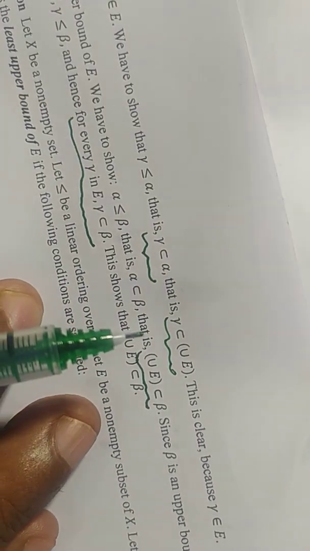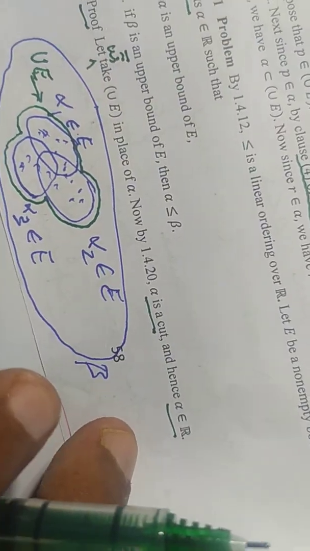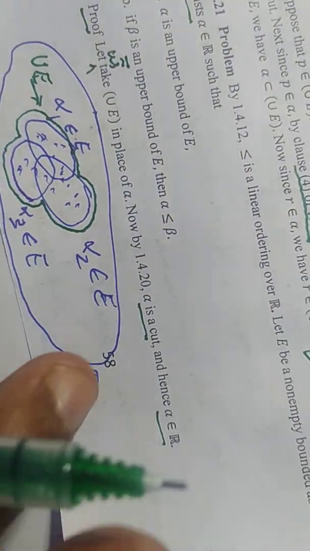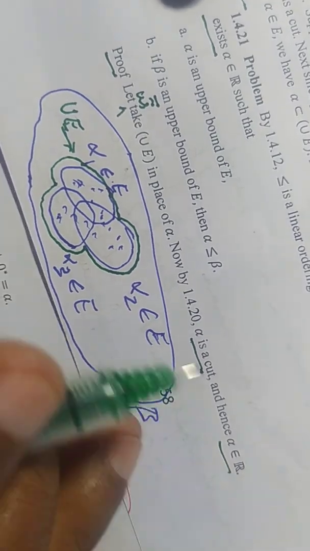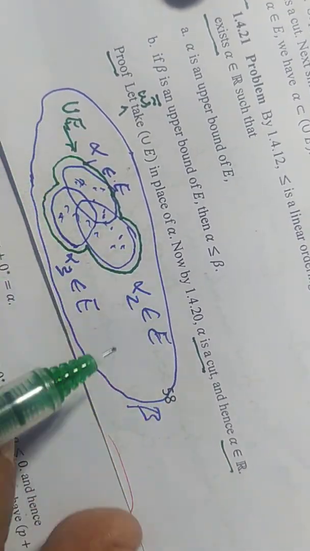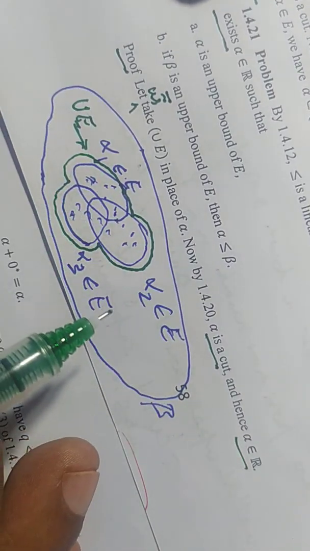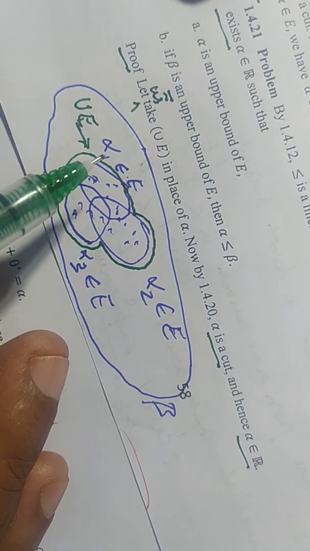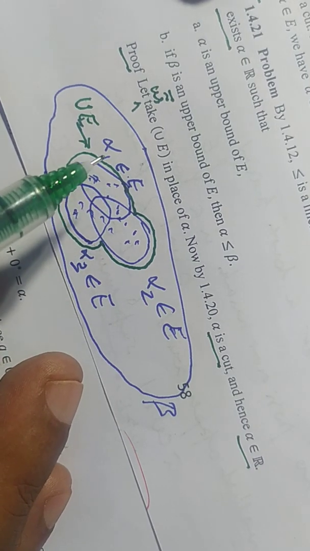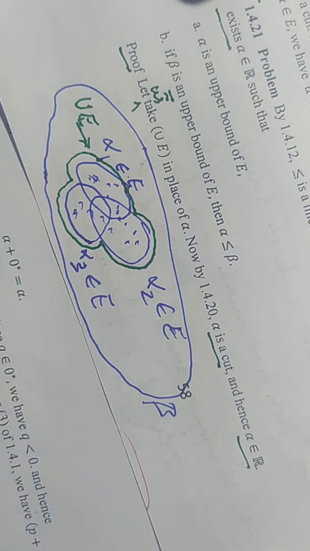This is not a new thing for you, because in our earlier theorem we gave you this figure. Suppose members of E are alpha 1, alpha 2 and alpha 3.